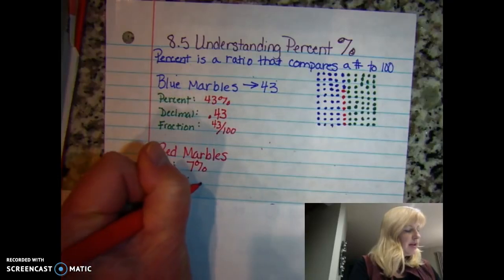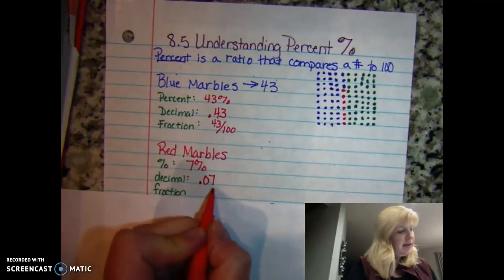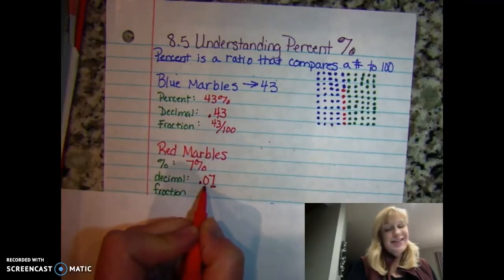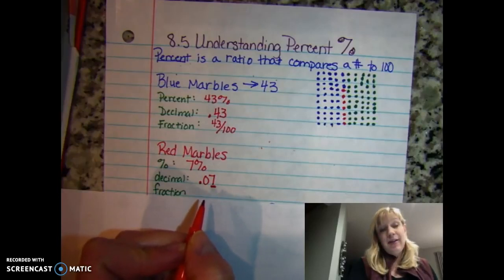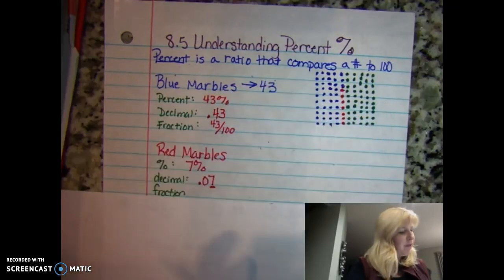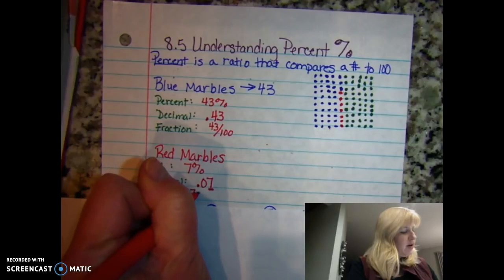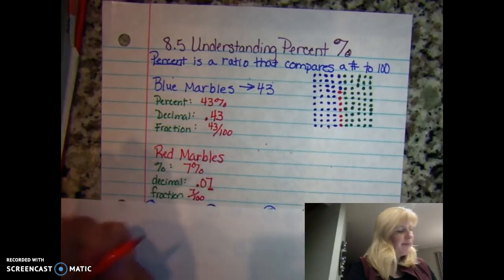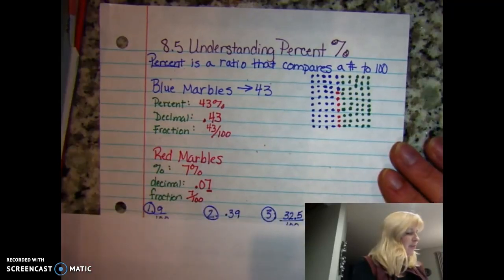And if I'm looking at it, I'm not going to do 7 tenths. 7 hundredths should be in this place value right here. Some people are going to put 0.7. That is 7 tenths, or 70 cents. This is like 7 little pennies. So fraction, you would do 7 over 100. Easy peasy. Not too difficult.